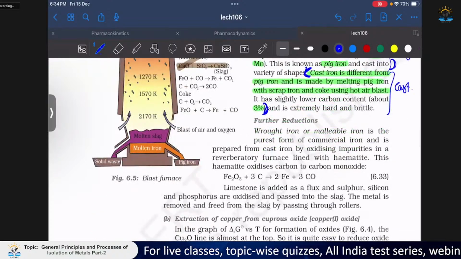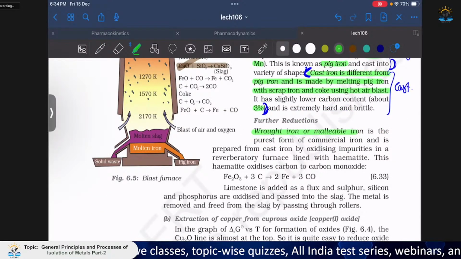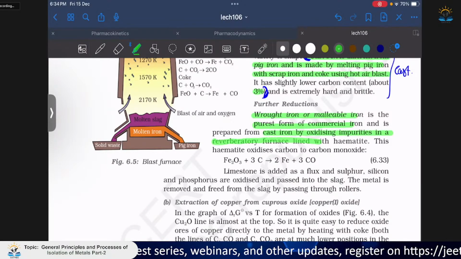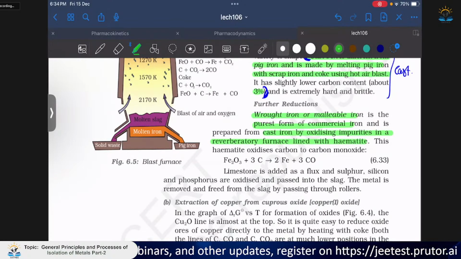What is wrought iron? Wrought iron is the malleable iron and it is the purest form of commercial iron. Now this is the third form of iron after pig and cast. It is made from cast iron by oxidizing impurities in a reverberatory furnace lined with hematite. Okay. The hematite oxidizes carbon to carbon monoxide.